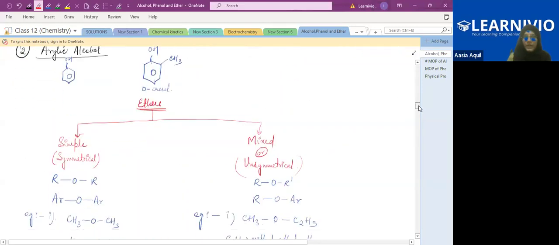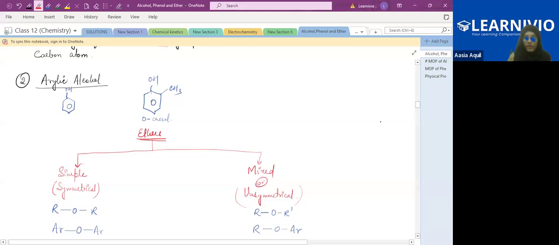Okay, the next one, arylic alcohol. What is arylic alcohol? If you want to write down the definition, arylic alcohols are those alcohols in which the OH group is directly attached to the benzene ring, the aromatic ring.